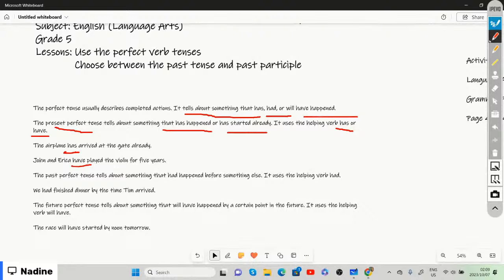Then we have the past perfect tense. This is now in the past. The past perfect tense tells us about something that had happened before something else had happened. It is done, it is in the past, and it uses the helping verb had.